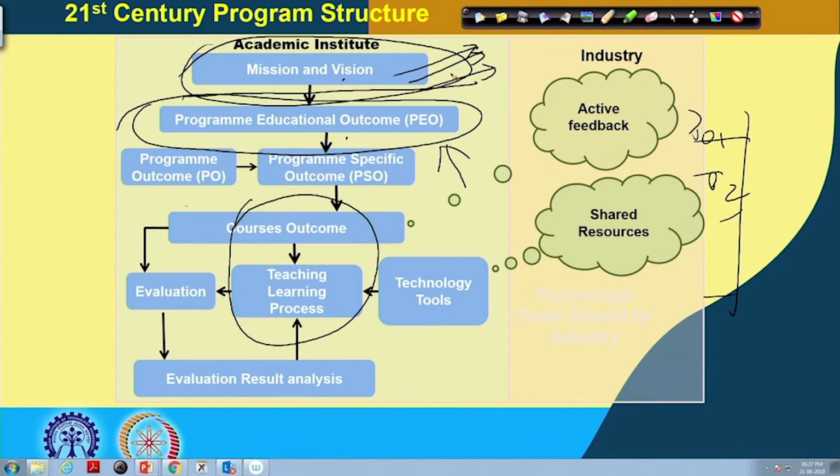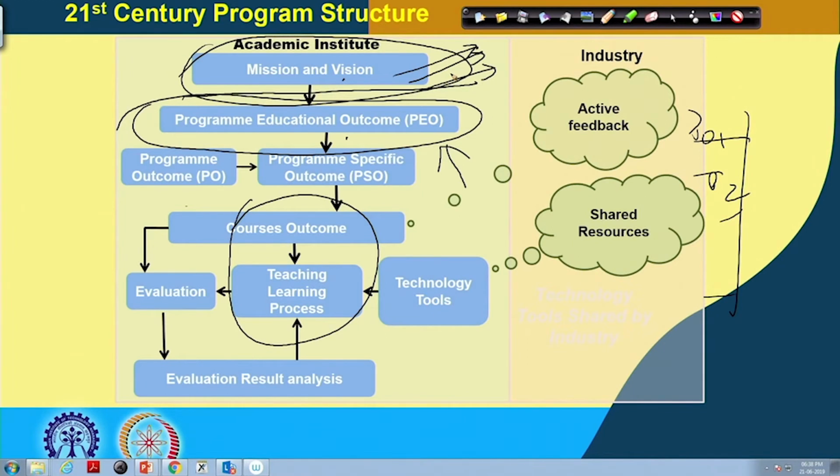It is not that once I write a mission and vision statement, it is valid for a lifetime. It can be changed. Initially your resources may be very low and your input may be of very low quality, so your target is not research. But after a long time your scenario changes, and you can change your mission and vision statement to that level.